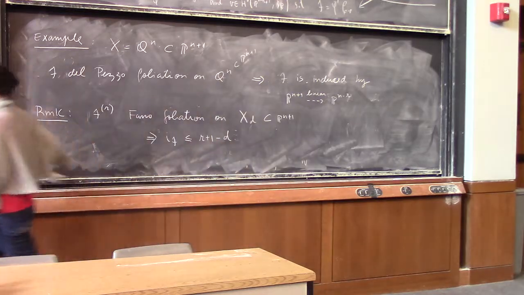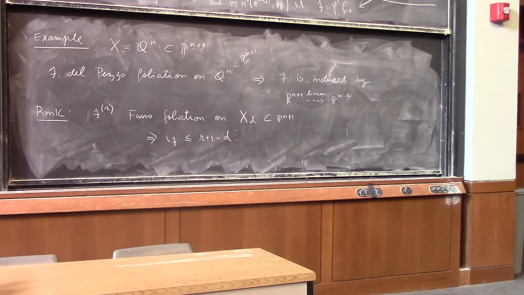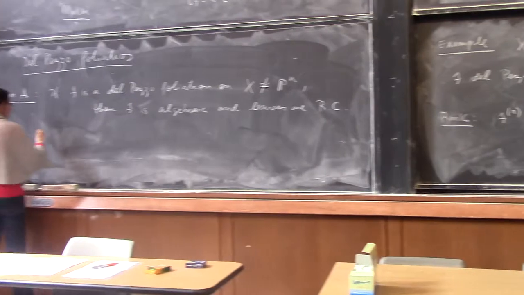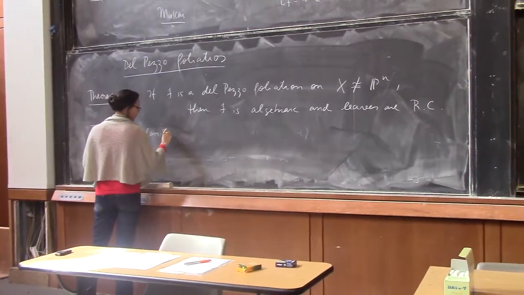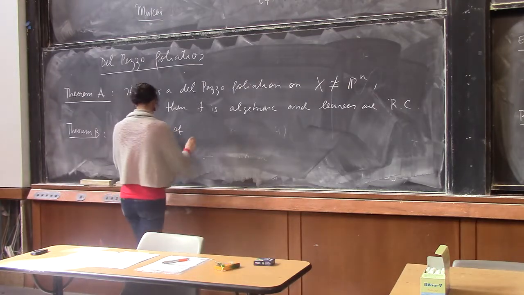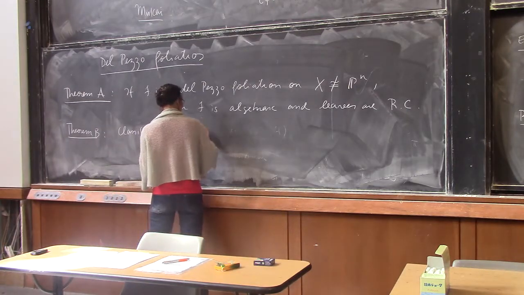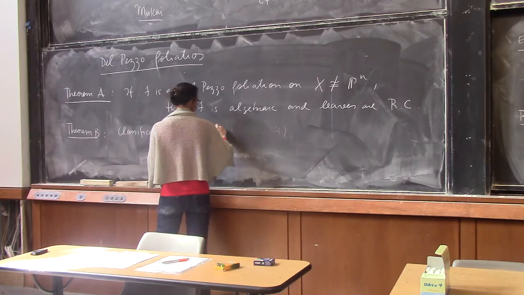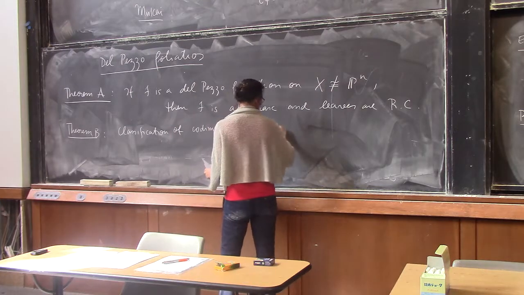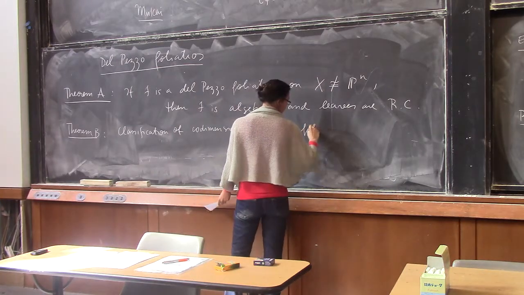Okay, so now I can at least state one of our classification results. Theorem B gives a classification of codimension 1, that means rank n minus 1, del Pezzo foliations.